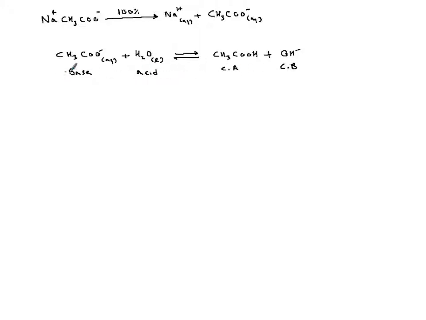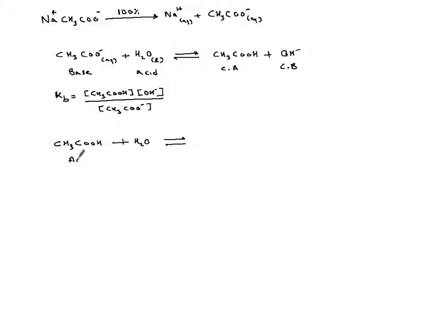Since this is the direction of a base, ethanoate, I can write Kb, which is my product, CH3COOH multiplied by hydroxide divided by CH3COO minus, excluding H2O. Now let's look at the reverse. What happens when ethanoic acid, or acetic acid, reacts with water? Ethanoic acid behaves like an acid and donates the last hydrogen, which is loosely held, to your base, water.